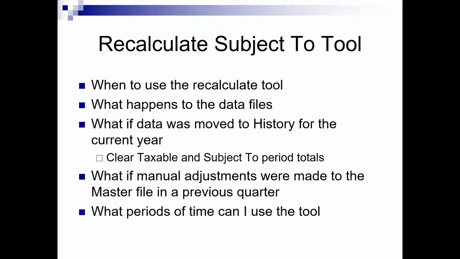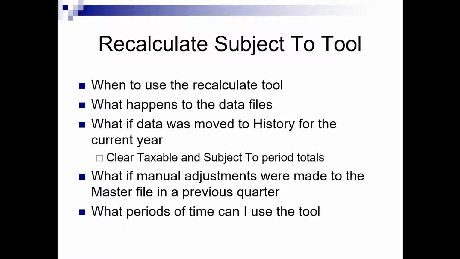If you make adjustments to a previous quarter, that's going to update that quarter and year to date. And then what periods of time can you use the tool? You can use this for the current file, the history file, the current year, and the prior year.